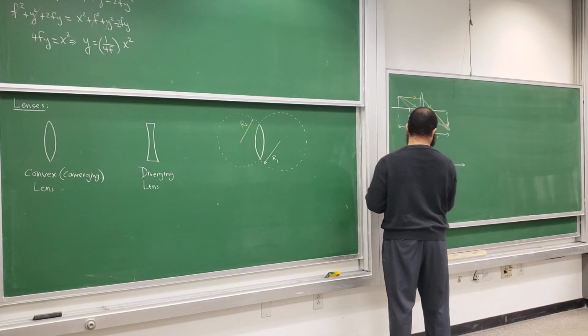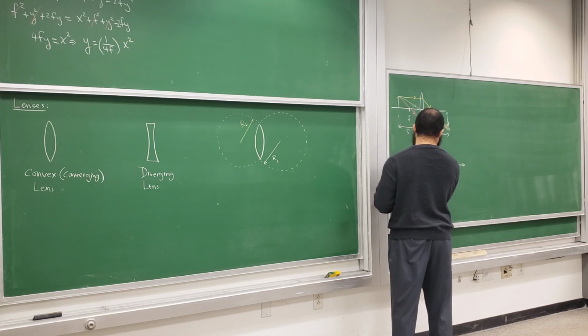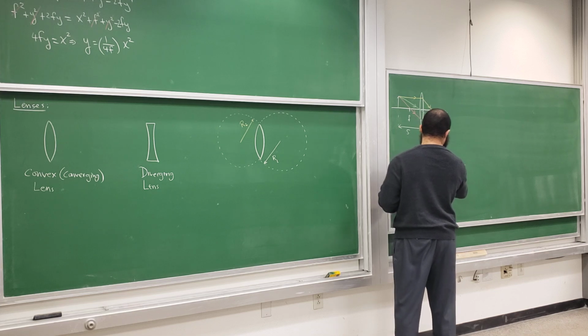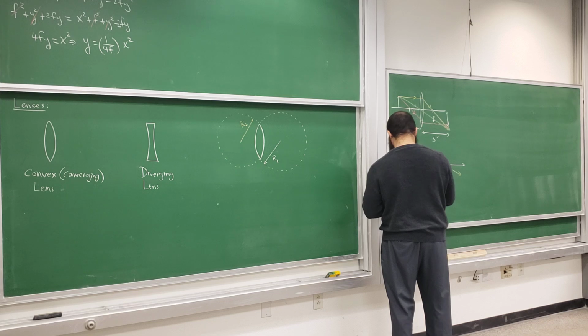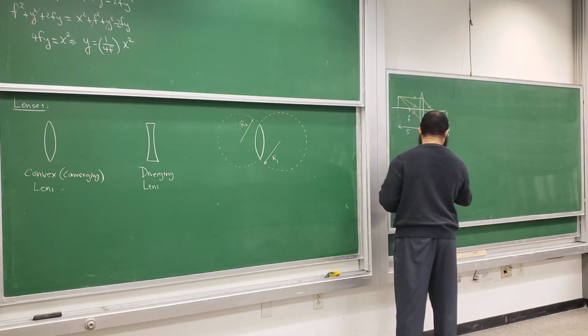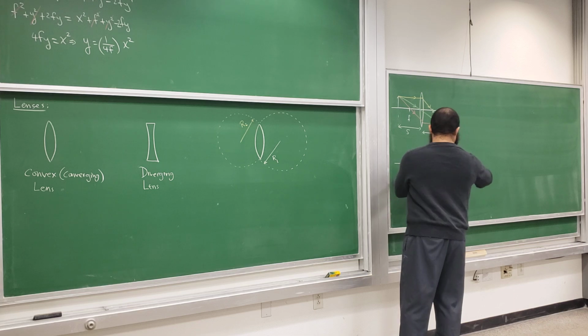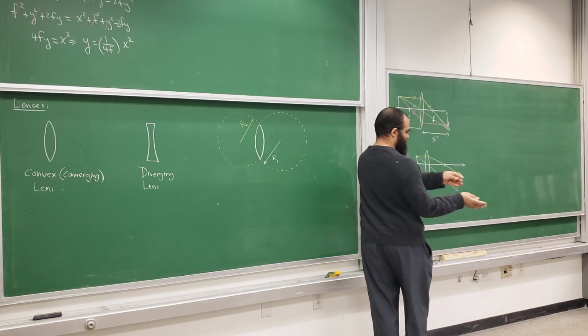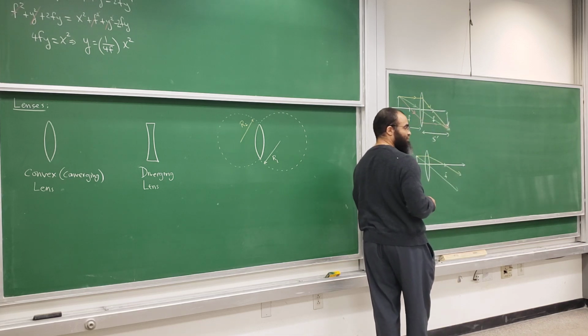Here's the object. And let's say the first ray, let's make it go horizontal. Where does it go? Through the focal point. The one that goes through the middle will do what? Straight. And you will see that these don't meet. They're kind of going away from each other.